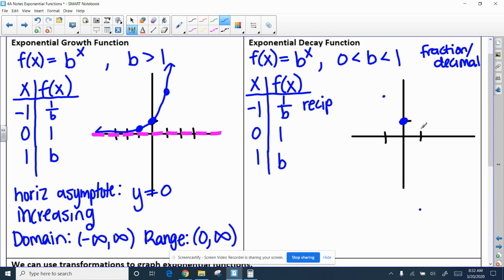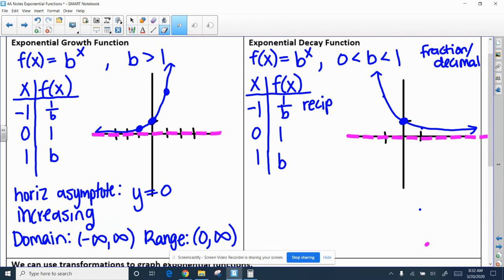And if I plug in b, b would be a fraction. So this one is going to look like this, no matter what the base is. So it's still going to have the same shape, even if it has different bases. The bases can be fractions like 1/2 or 3/5 or 0.75, anything that is a number between 0 and 1.